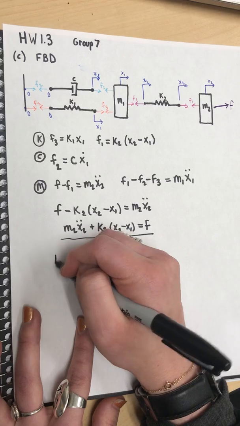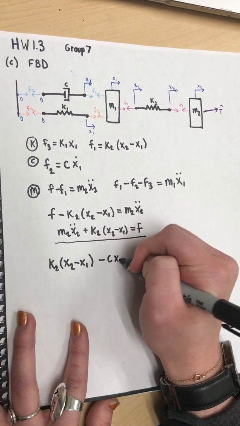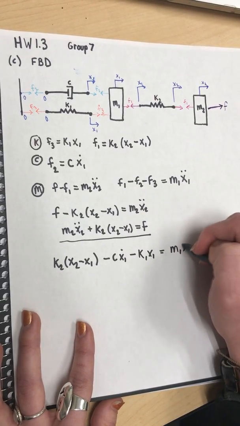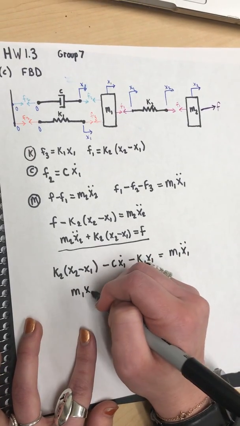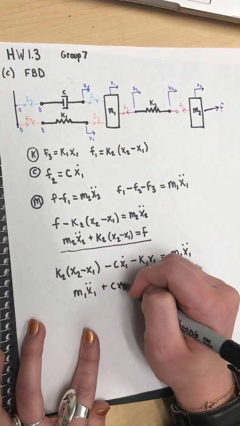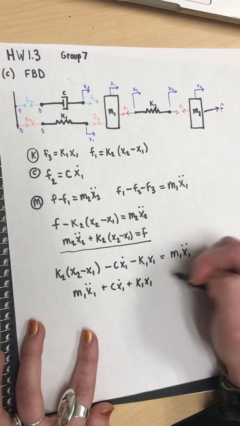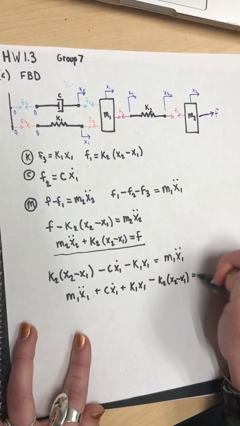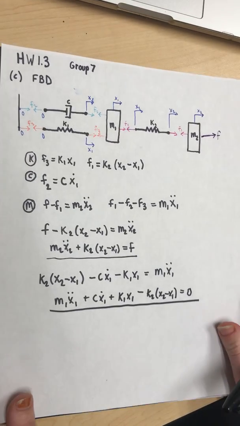So for F1, and then we'll rearrange that to be in standard form. And then there we have our two equations of motion for problem C.